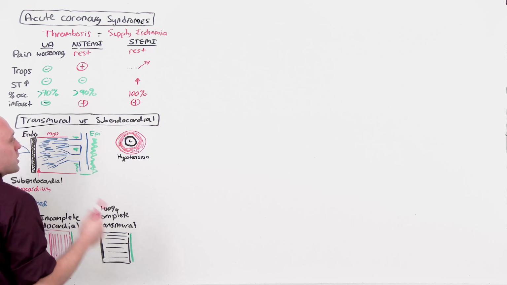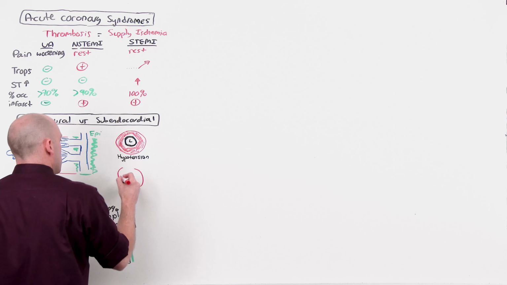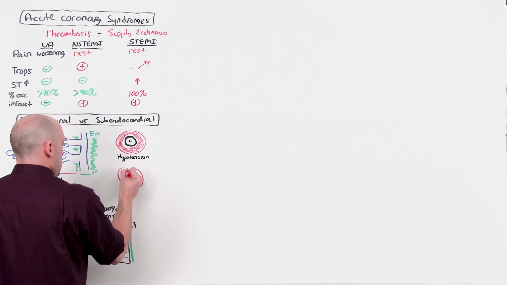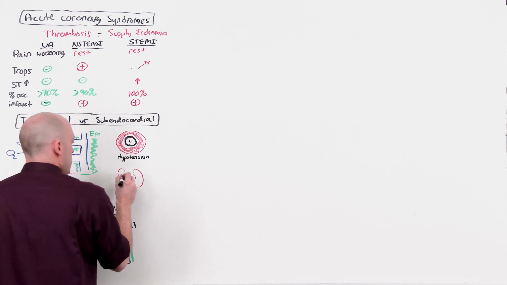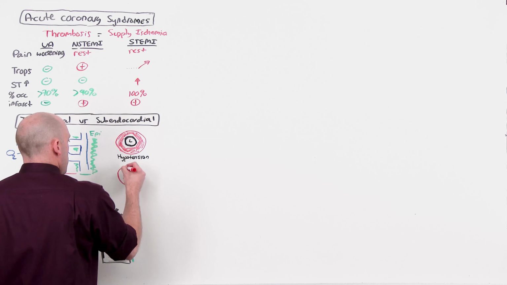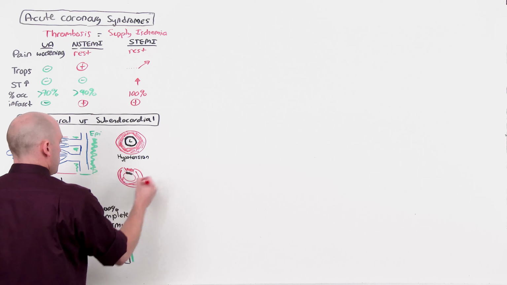If there is a particular territory that's affected, that is an artery thrombosis, but it is an incomplete occlusion, the subendocardium dies first, whereas the remainder of that vascular territory remains intact. Of course, everything else is fine too.